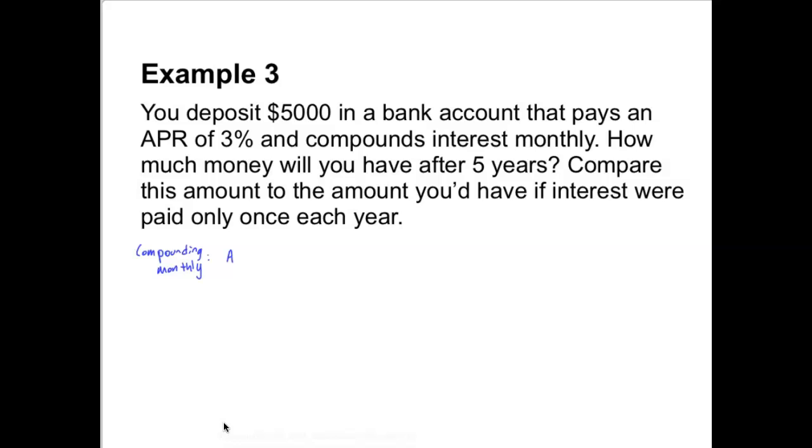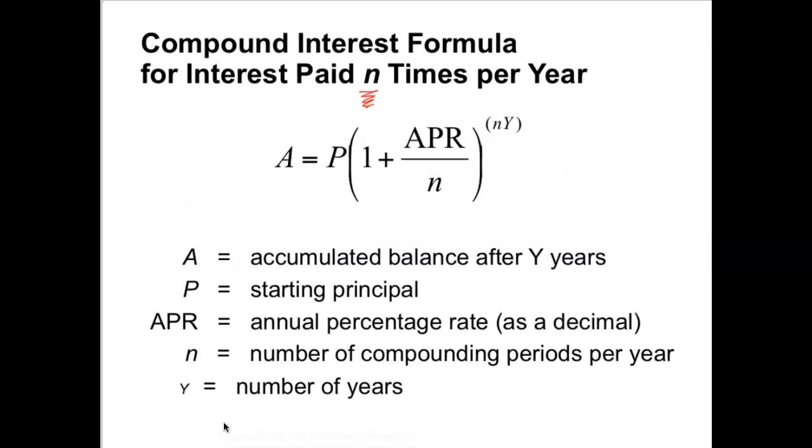So now we're going to use our new formula. So A equals the principal, which in this case is $5,000, times 1 plus your APR as a decimal, which is 0.03, divided by n, and n is the number of times we compound per year. So if we're compounding monthly, in the chat, how many times would we compound in a year?